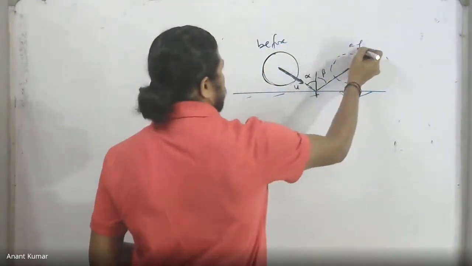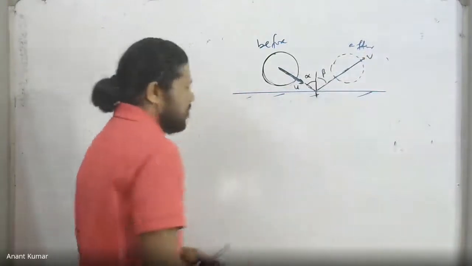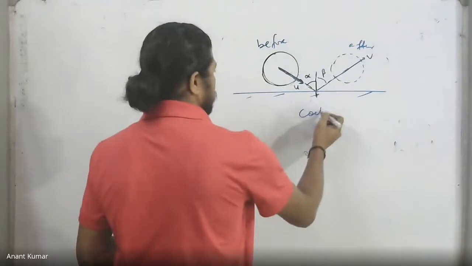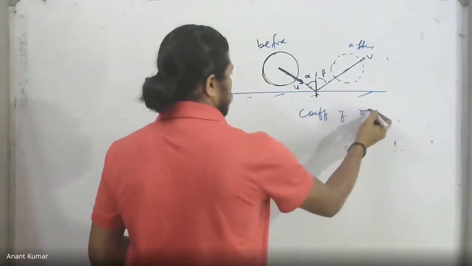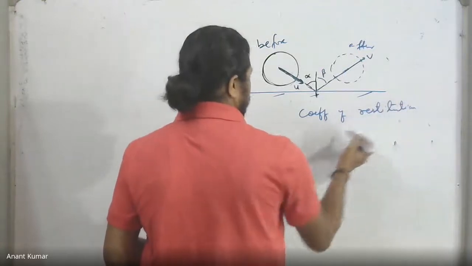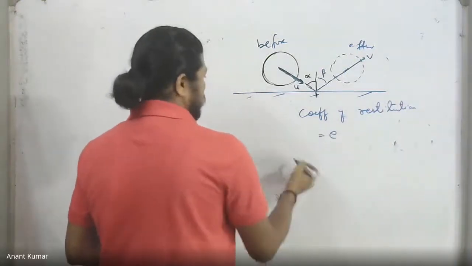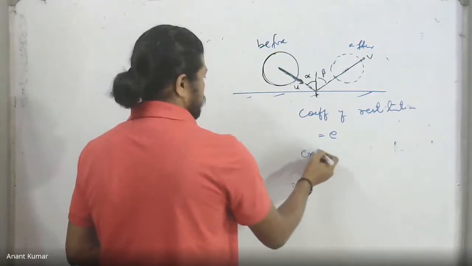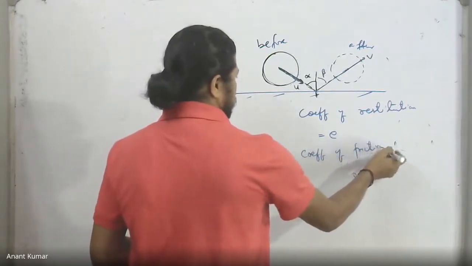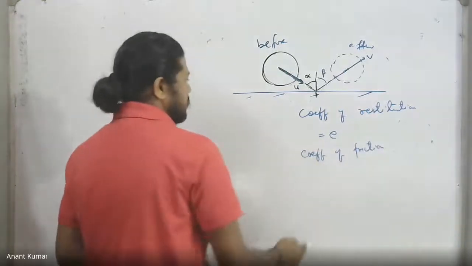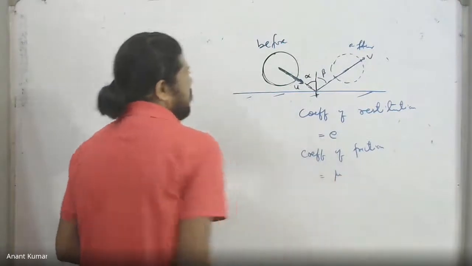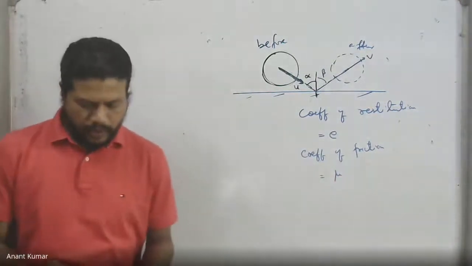This is after. Suppose that the restitution coefficient is given to be E, and the friction coefficient is going to be mu between the ball and the floor.